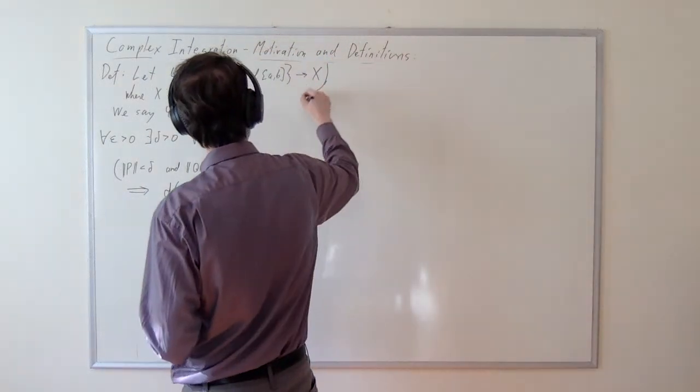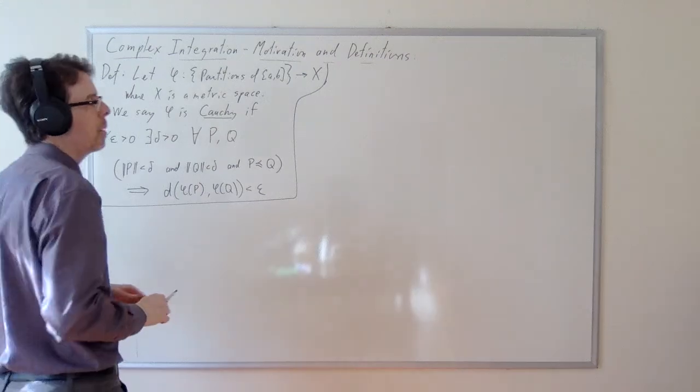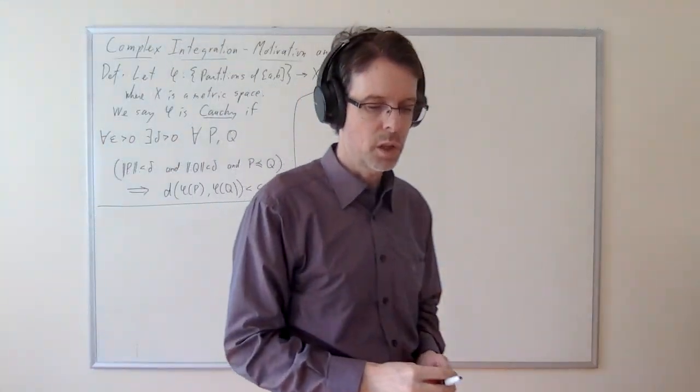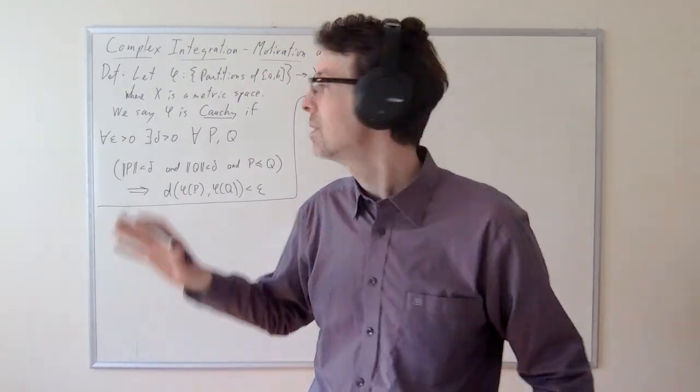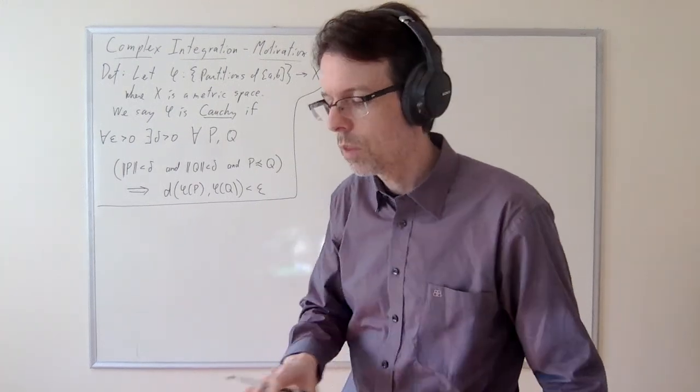We're just going to see it happening twice, and you can imagine the generalization. So there are two statements that we need to prove. One of them is that if phi is convergent, then it's Cauchy. And second, if phi is Cauchy, then it converges. And the first is easy.